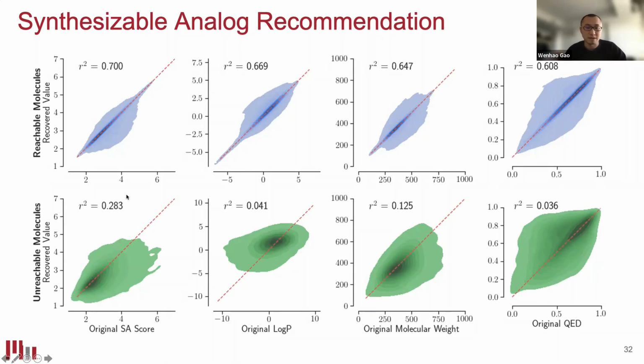So we can see that structure similarity can lead to similarity in property. So even the unrecovered cases from our model could potentially serve as a synthesizable analog recommendation that suggests synthesizable analogs with properties close to the input molecule.